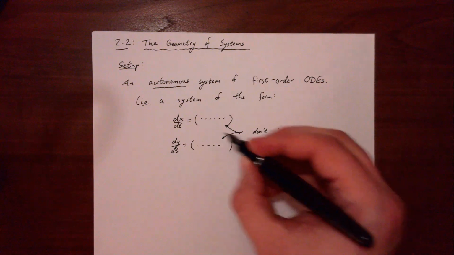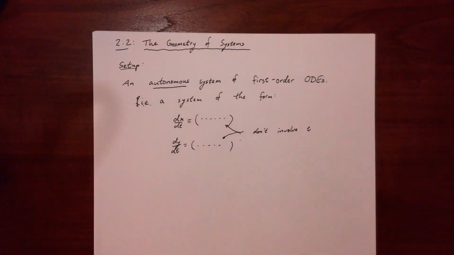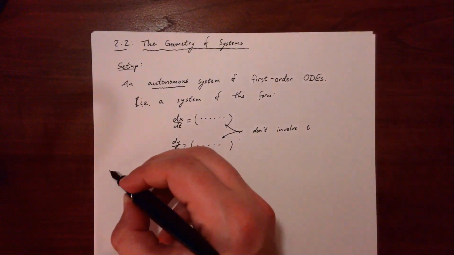And to see why we need this to be the case, just think for a second about what the direction field would look like if the right sides of these equations depended on t. Essentially, they would be constantly in flux, which is a possibility, but it's not something that we can represent in a consistent way.